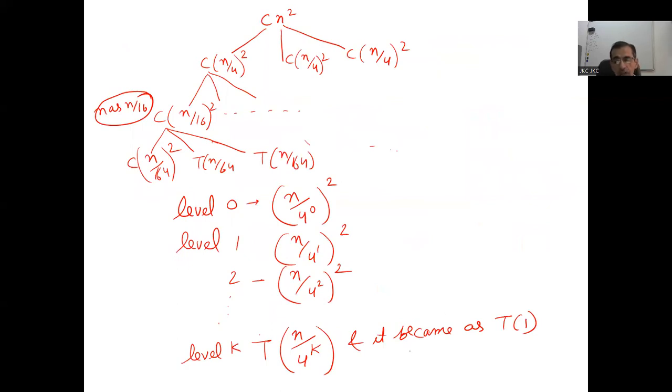So now what should be k? Corresponding to this, I can easily say n will become equal to 4 raised to k, meaning that k is nothing but log base 4 of n. So levels 0 to k minus 1 are non-leaves.